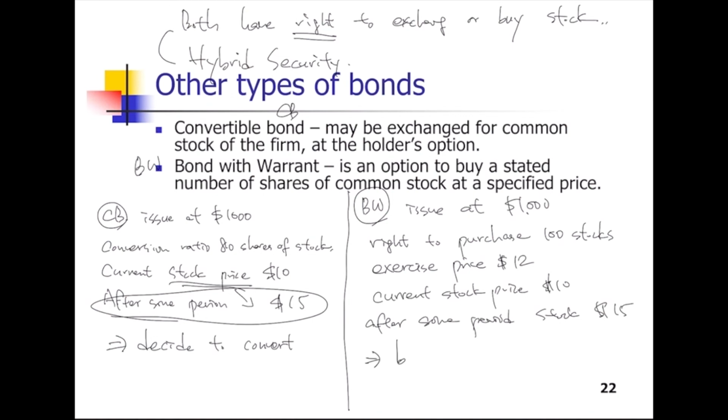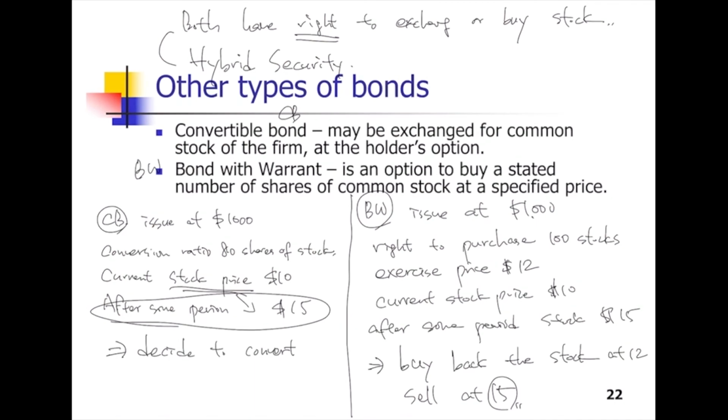They buy the stock at $12 and sell at 50, right? Because in the market the stock price is traded at $50, so the investor can have some benefit, right? But there is a difference between them.